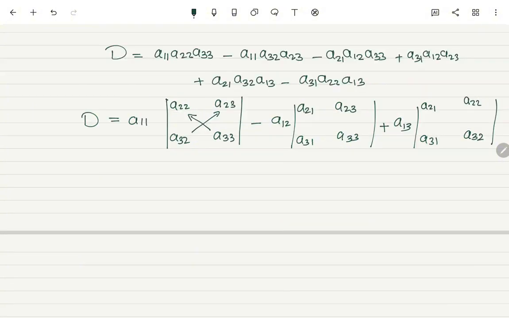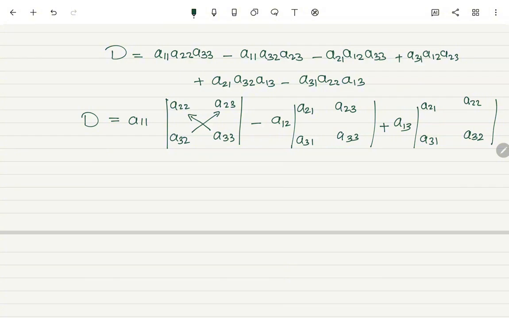As we can see here, a determinant of order 3 can be defined as a determinant of order 2, and in the same manner, a determinant of order 4 can be defined as a determinant of order 3, and as a generalization, a determinant of order n can be defined in terms of a determinant of order n minus 1.